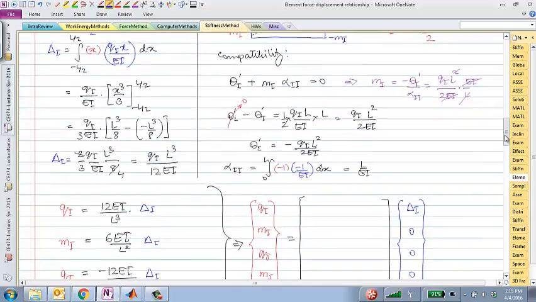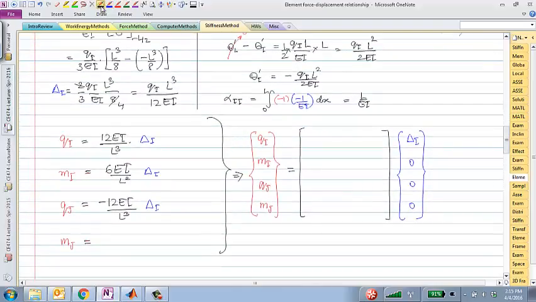So that is also equal to 6 EI over L squared times delta I. So let me finish this out and then I'll try to explain how this fits into that global picture. This is the relationship that we were looking for.